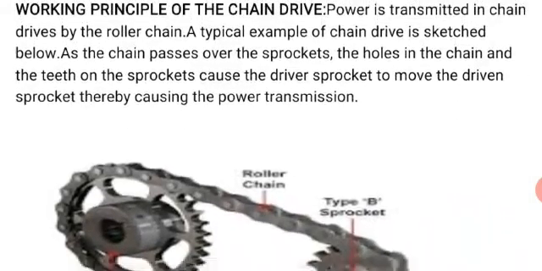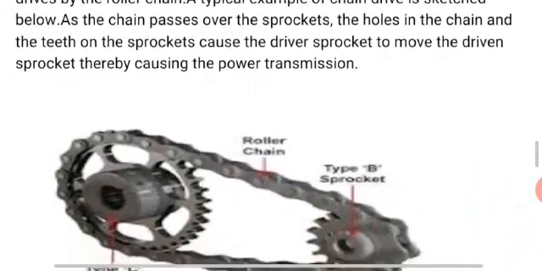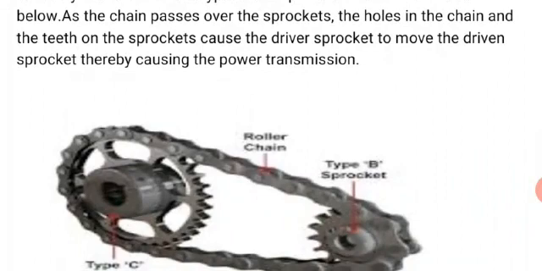The roller chain is connected across the driver sprocket and the driven sprocket. As the chain passes over the sprocket, the holes in the chain and the teeth on the sprocket cause the driver sprocket to move the driven sprocket, thereby causing the power transmission.